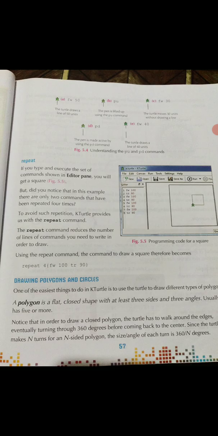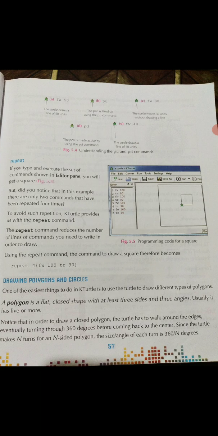When it is making the shape of a polygon, the turtle has to move 360 degrees. It means the turtle has to move round the center. When we are talking about moving round the circle, it means 360 degrees. So here the turtle needs to move 360 degrees.